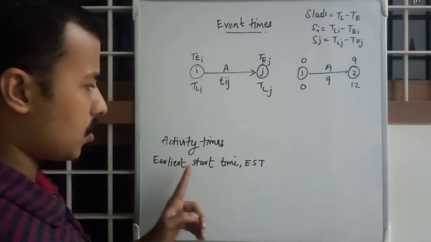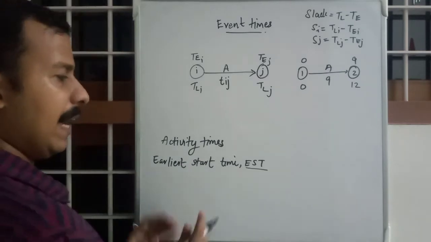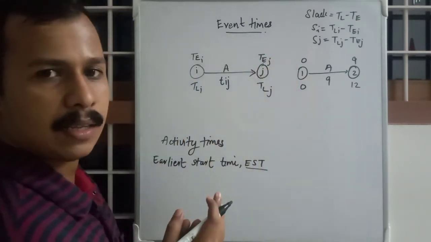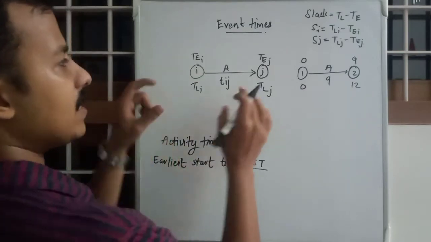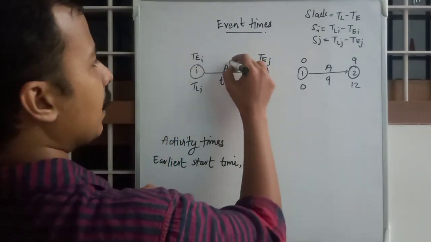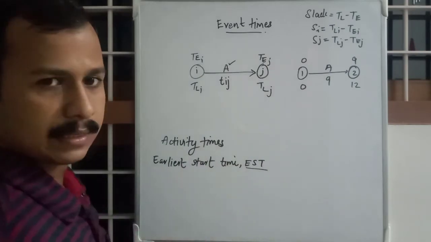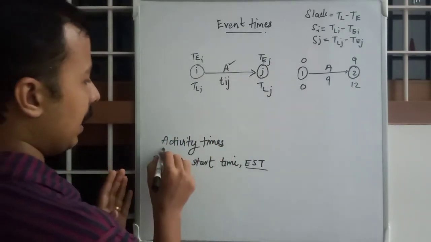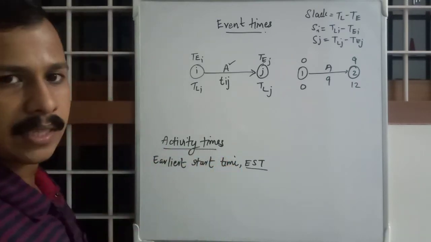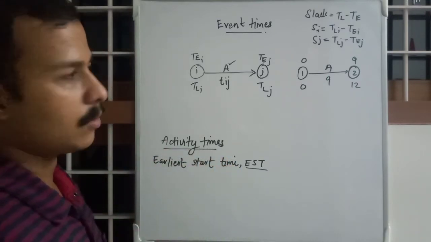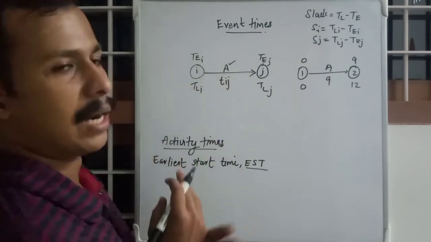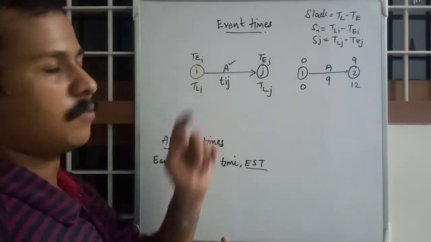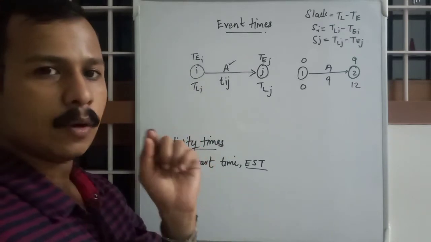Now we are coming to activity times. EST, that is earliest start time. Consider this in generic terms: we are considering the earliest start time of activity A, not of events. What will be the earliest start time from these four parameters? What will be the EST of A?